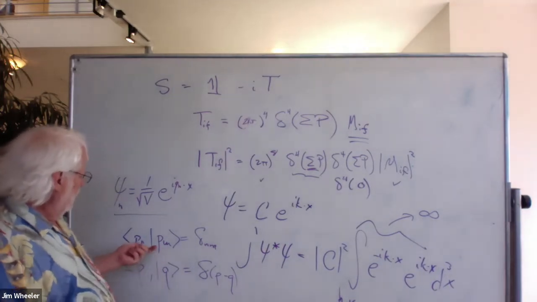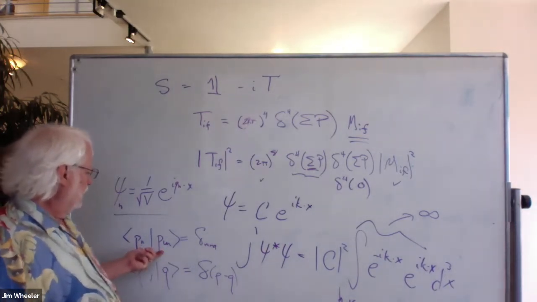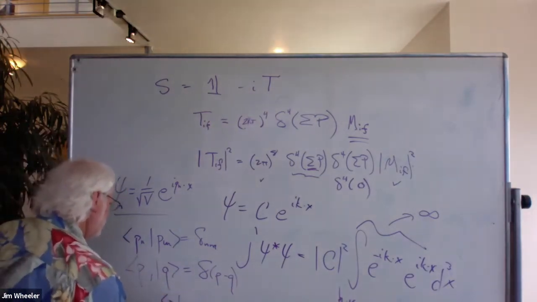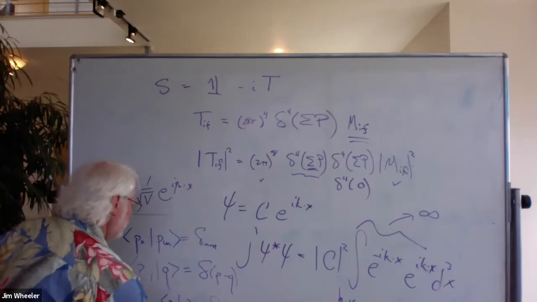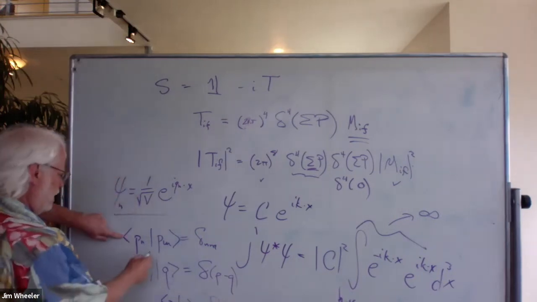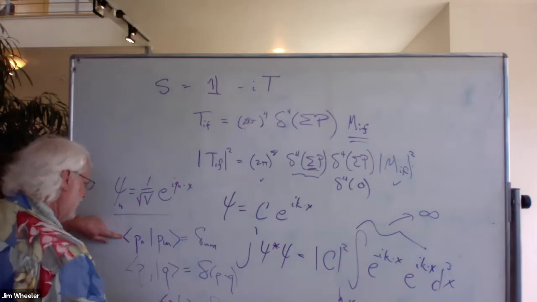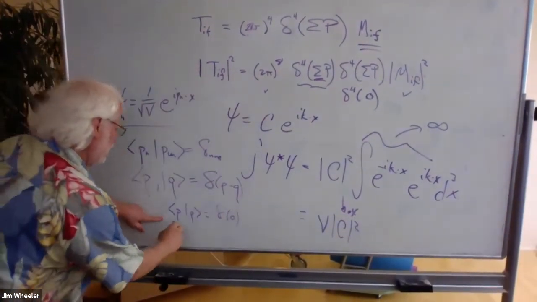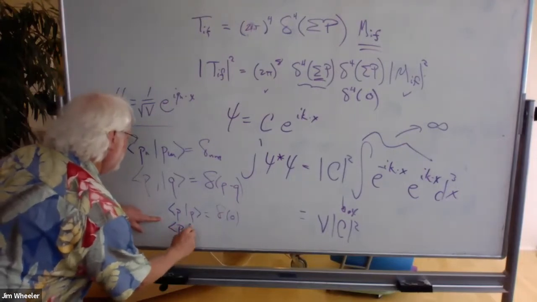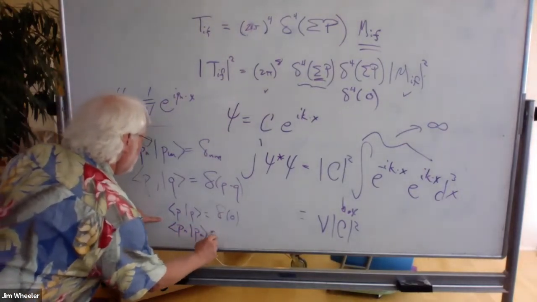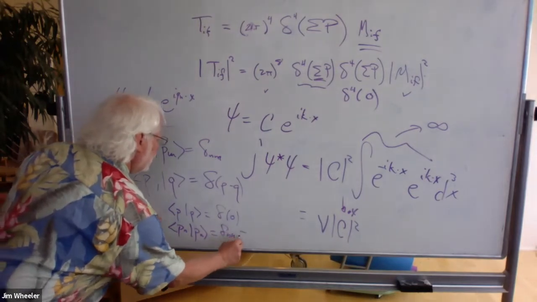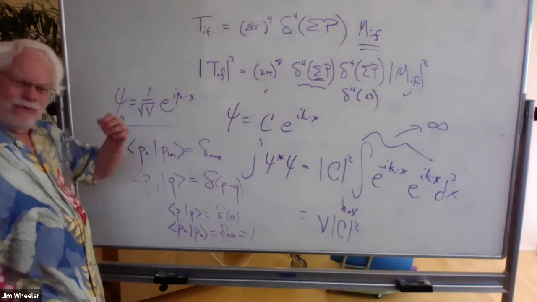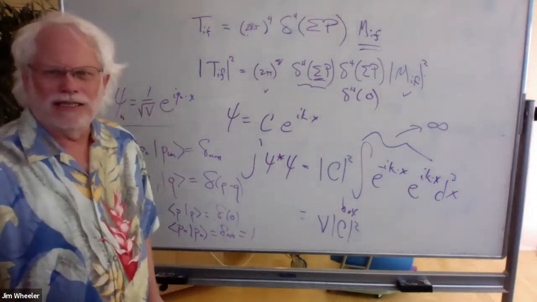If we were looking at P with P here, that would be delta of 0. But if we look at the discrete case, Pn with Pn, that's delta nn, which is just 1. And so we end up with something finite when we normalize this in the box.